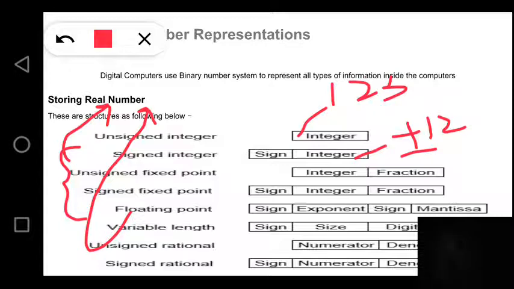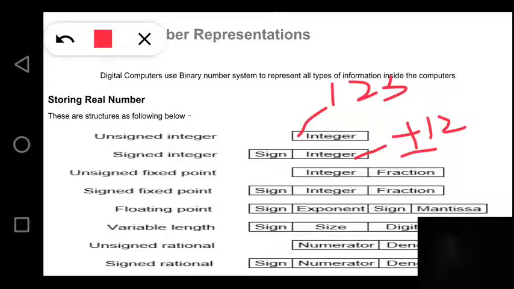So floating point, it is very important to understand what is floating point. Floating point means it will have a sign, exponent, and mantissa. We will see what is this exponent, what is this mantissa in detail. Just understand that if you want to represent a real number, there are two techniques.